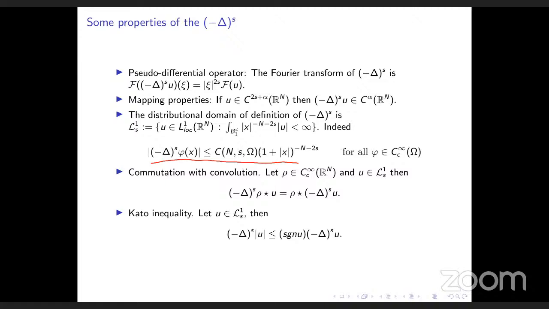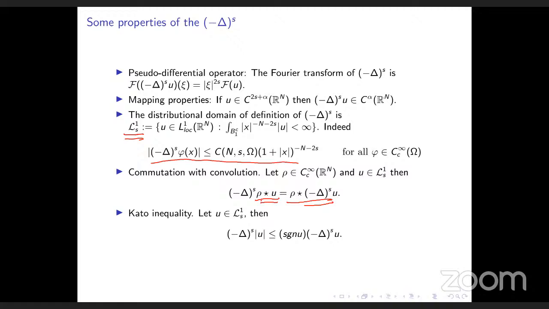Another important fact is that when you have a nice mollifier, then you can commute the fractional Laplacian with the mollifier. Recall that the functions here are tempered distributions, and therefore they have a Fourier transform.